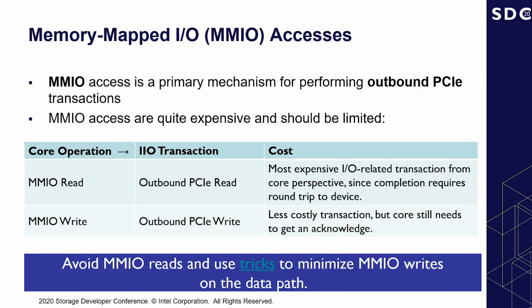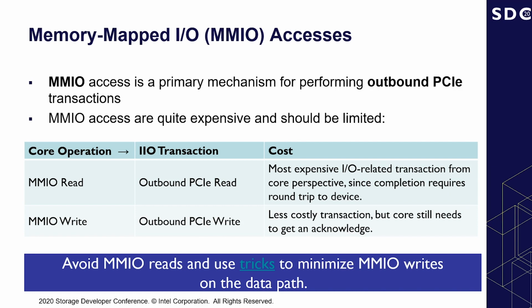Let's shift gears a little bit and talk briefly about the other direction. The last two slides, we've been talking about inbound transactions, those where a PCI Express device is requesting something or writing something to the system. Now we flip that and we're talking about where the core is doing a read or a write to the PCI Express device.